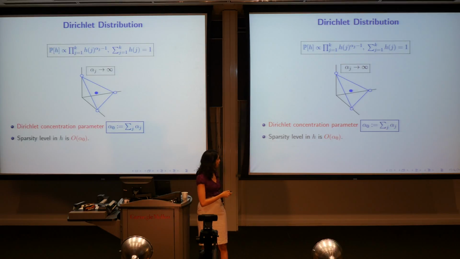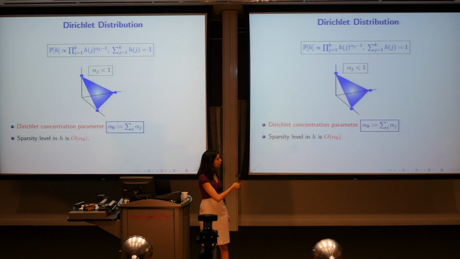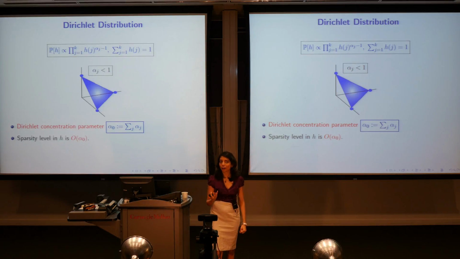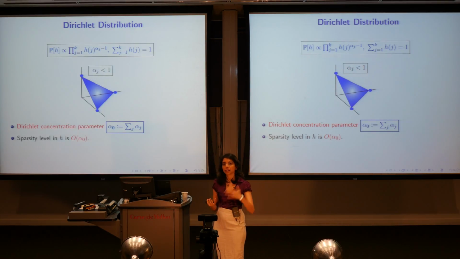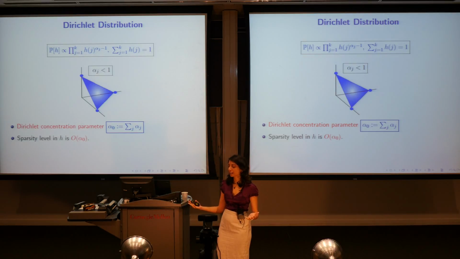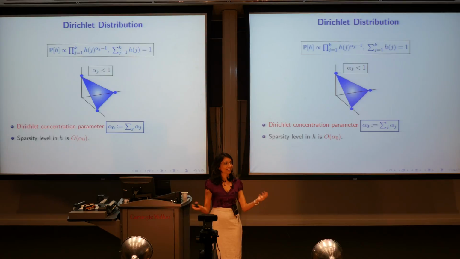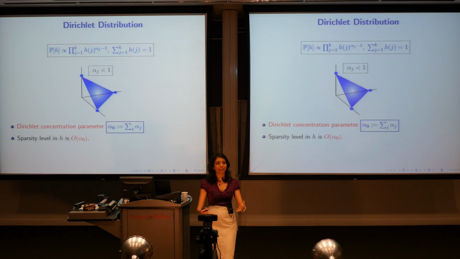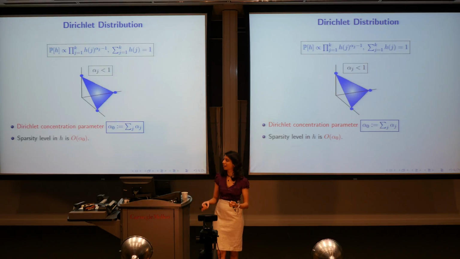Right? And so in the regime when this concentration parameter is quite small, we have sparsity. If you think about a document, and think about all possible topics, it's not useful to model a document with all possible topics. Most likely, there are only a few topics that occur in a document.